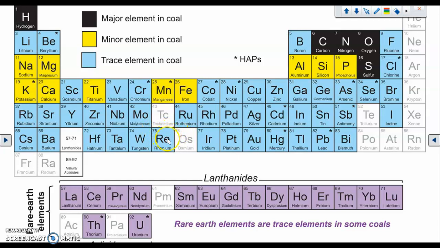I would like to switch gears very quickly here and clarify something, which is lead. This lead obviously is also a trace element in coal. You probably heard about unleaded fuel before. Now that has nothing to do with this association.